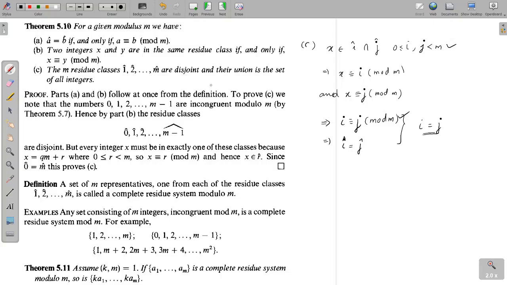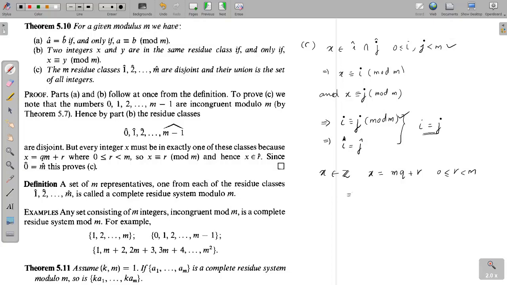Now we have to prove that their union is the set of all integers. For that, if we choose an integer x belonging to Z, then using the division algorithm, m being positive, you can write x equal to m times q plus r, where 0 is less than or equal to r less than m.